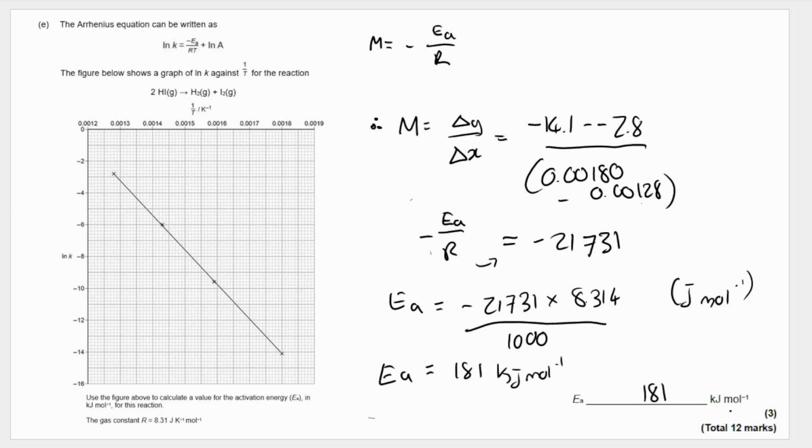Now that was simply because they've asked for the value in kilojoules, and with the activation energy they usually always will, so make sure you divide by 1,000, make sure you check your units while you're working.